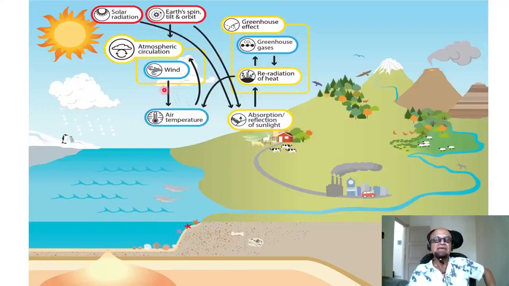They rise in the atmosphere, they make clouds, and then they interact with the greenhouse gases which are in the atmosphere, and so on and so forth. Okay, these are called interactions between the land and the atmosphere, ocean and the atmosphere, between the ocean, atmosphere and land, and so on and so forth.